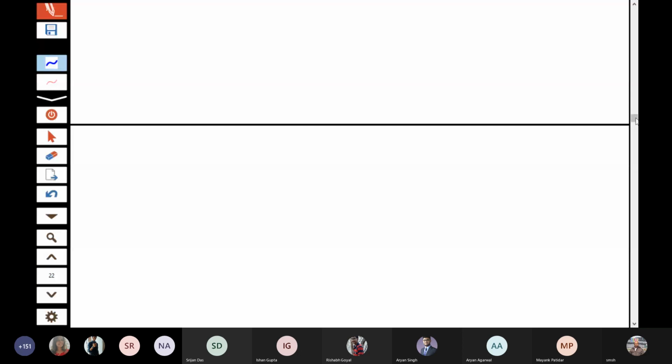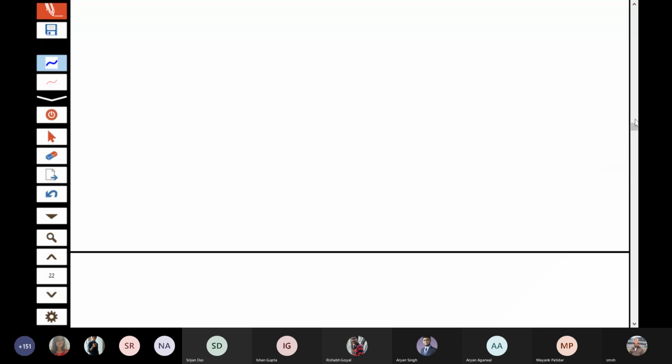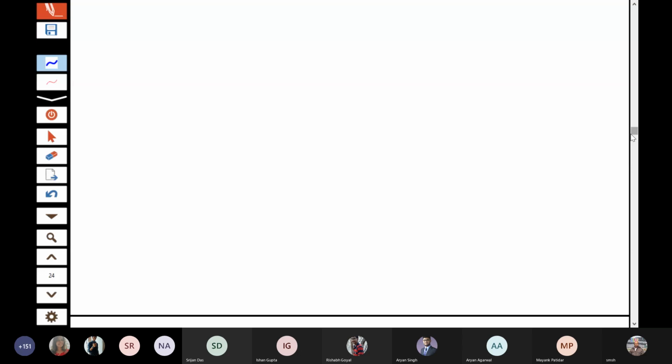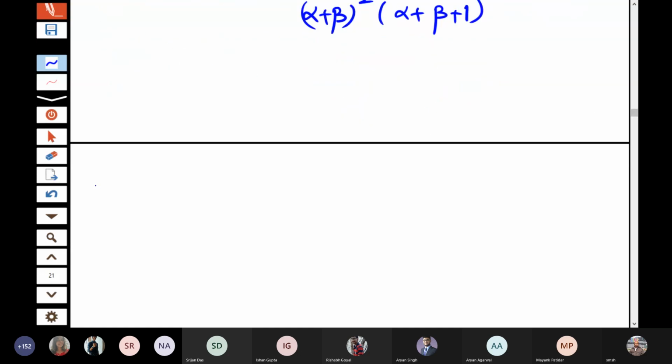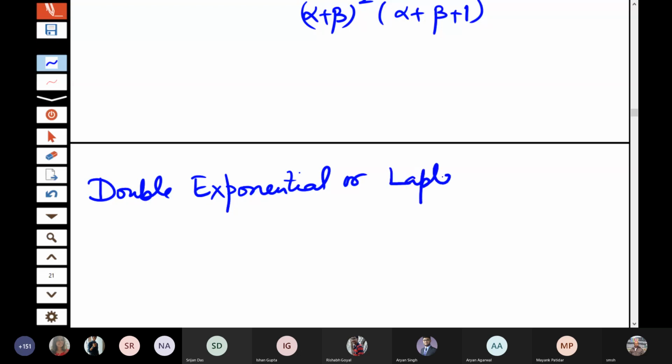Then another important distribution which is again used quite often is the double exponential, or Laplace distribution.